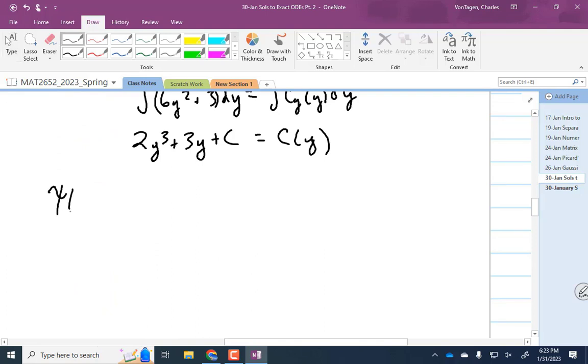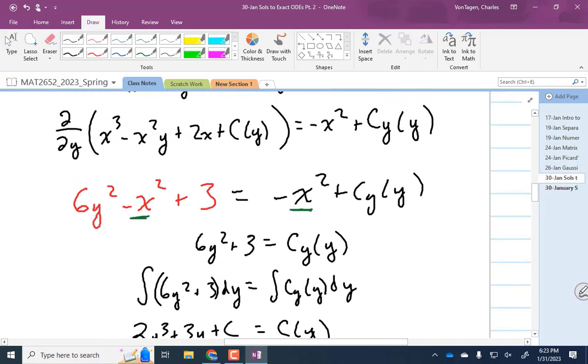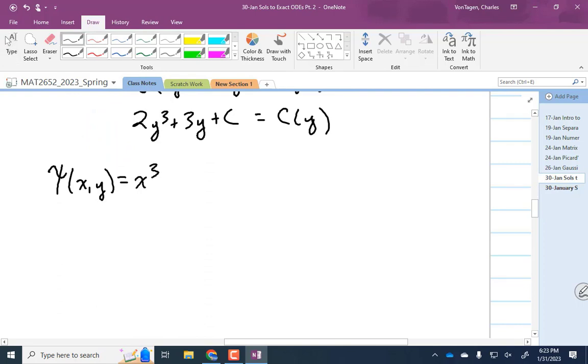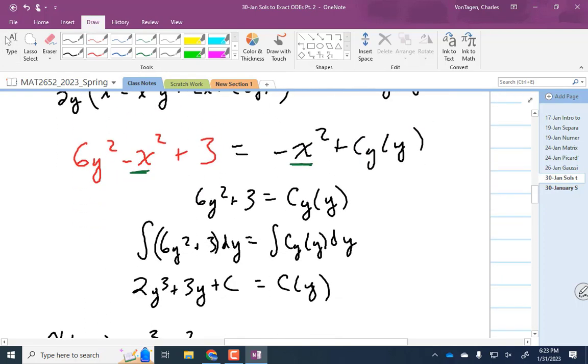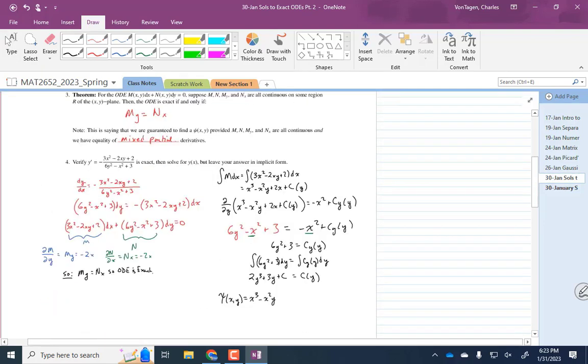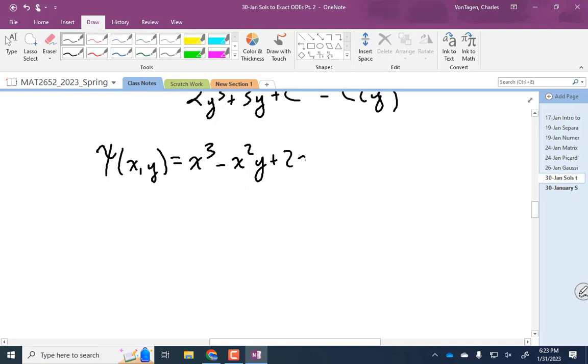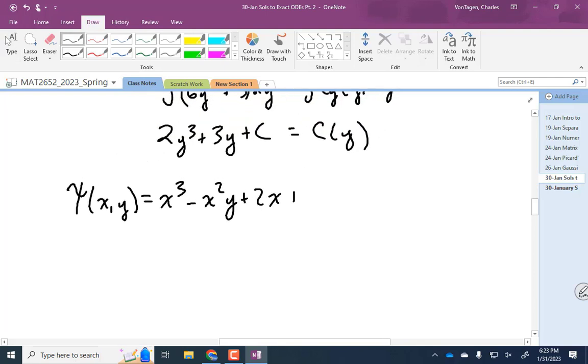My psi sub xy then is, so much scrolling, x cubed minus x squared y plus 2x, and then plus this, so plus my 2y cubed plus 3y plus c.